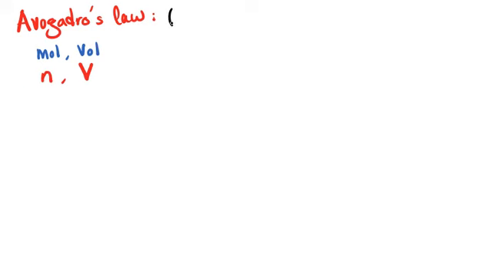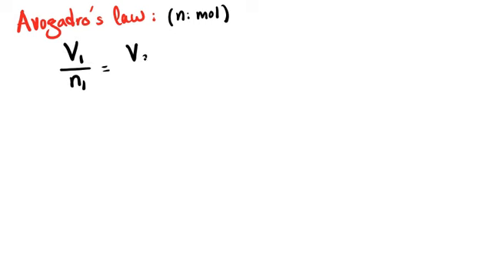Avogadro's law has this equation: V1 over N1 is equal to V2 over N2. So whenever we have the number of moles of gases, we are able to calculate the volume of gases as well.